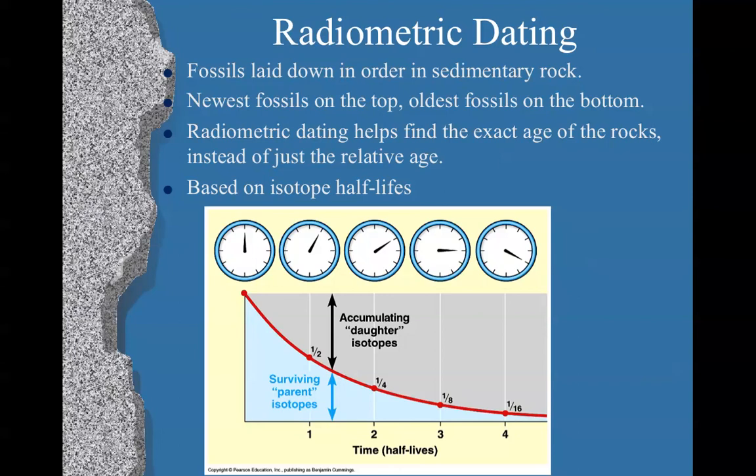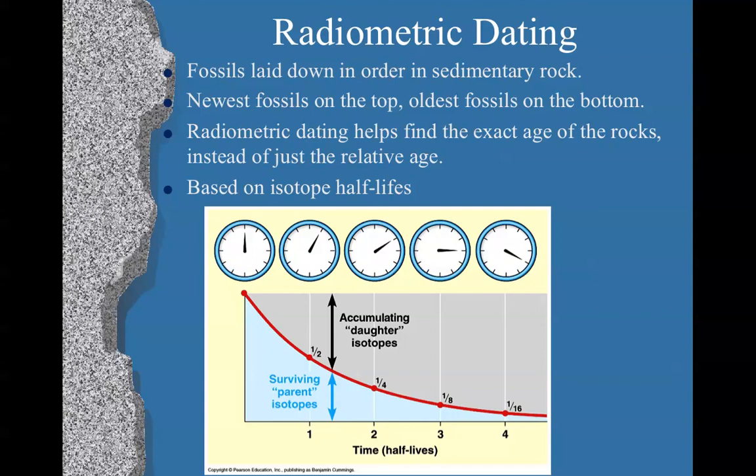What's happening over time is that the ratio of heavy to light isotopes is constantly changing as the isotopes decay. And when this radioactive decay occurs, we can then use that to time the age of a fossil.